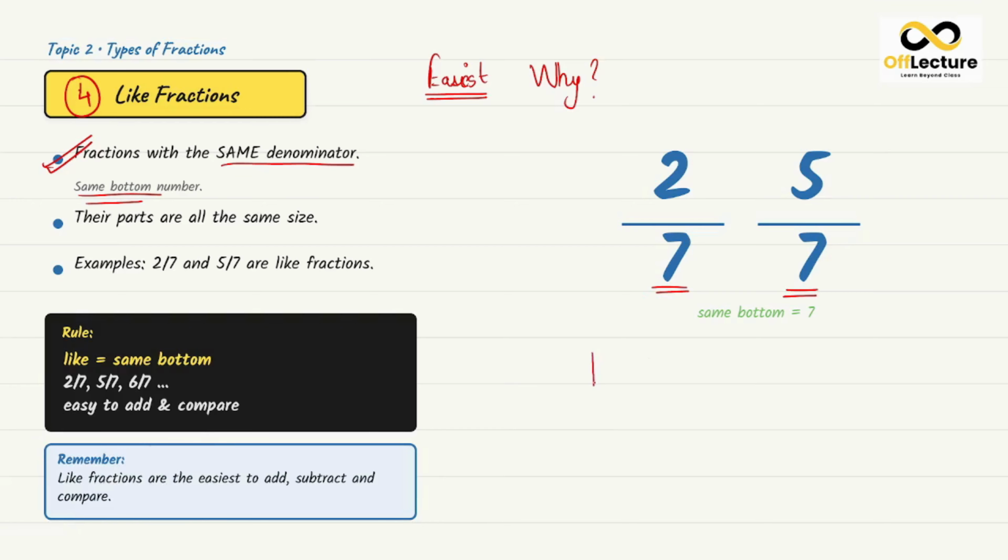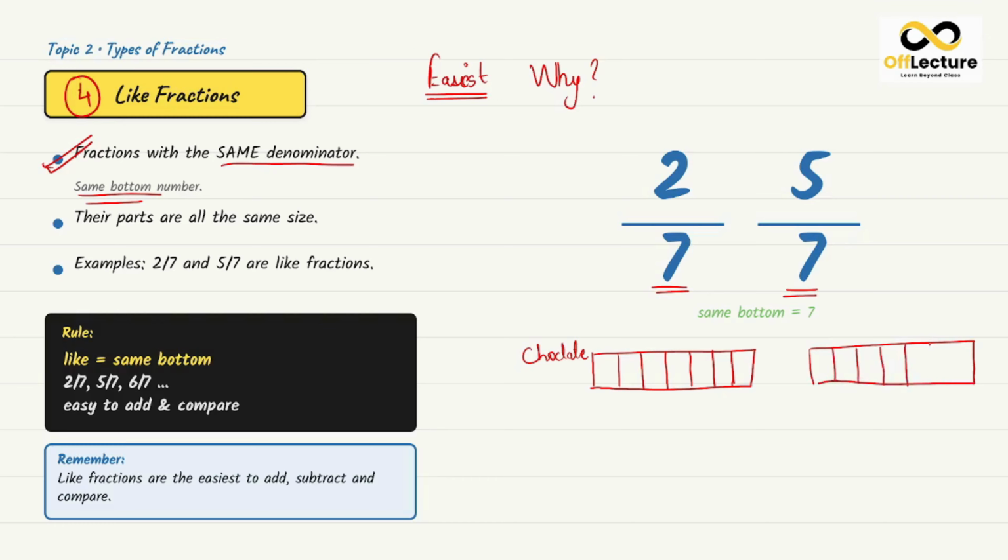So let's make it a rectangle, and it has 7 equal parts. 1, 2, 3, 4, 5, 6, and 7. So this is one chocolate bar, and we have another bar which is 1, 2, 3, 4, 5, 6 and 7.